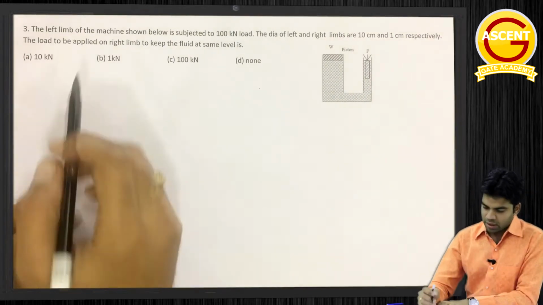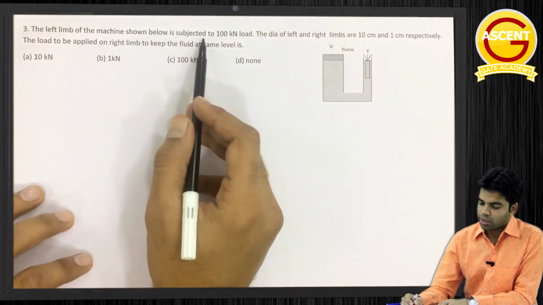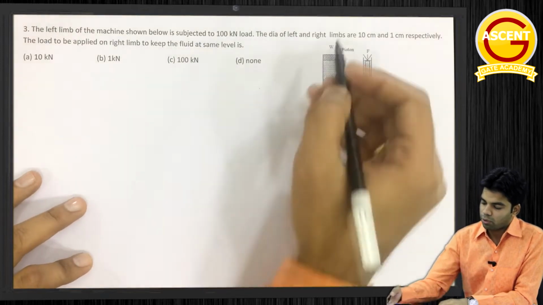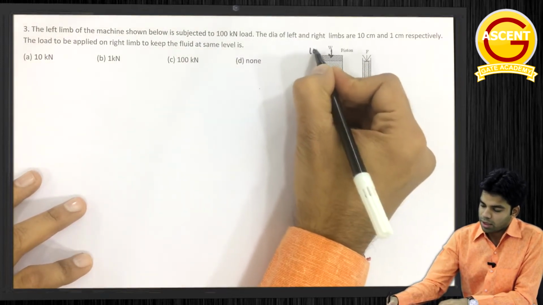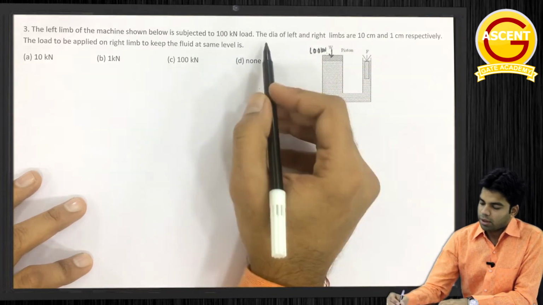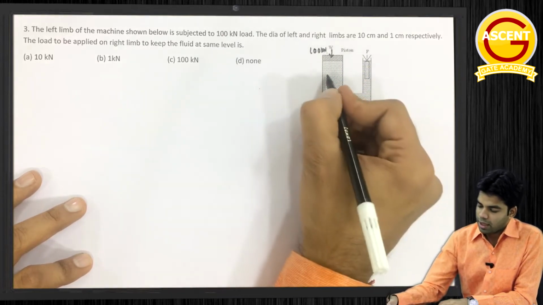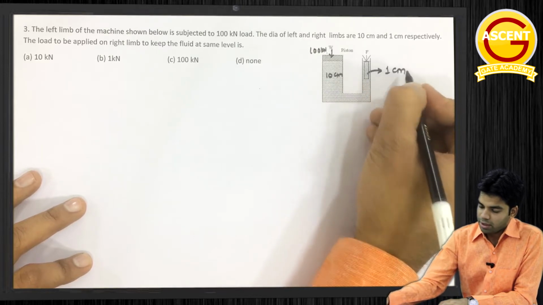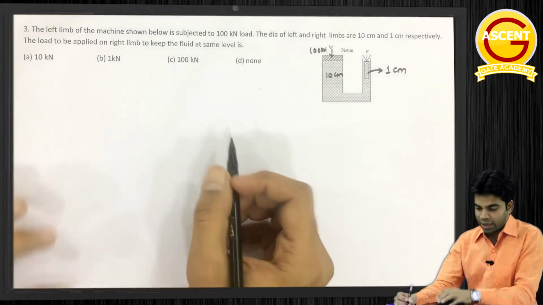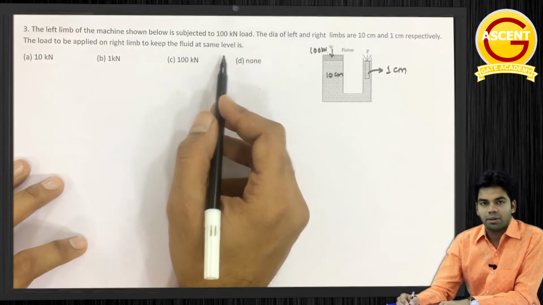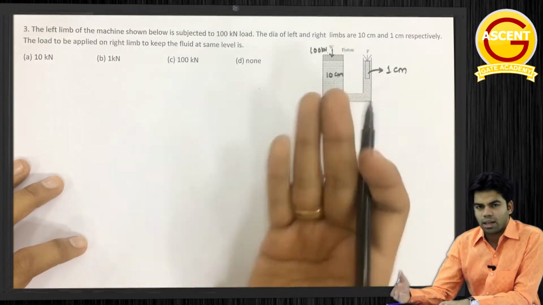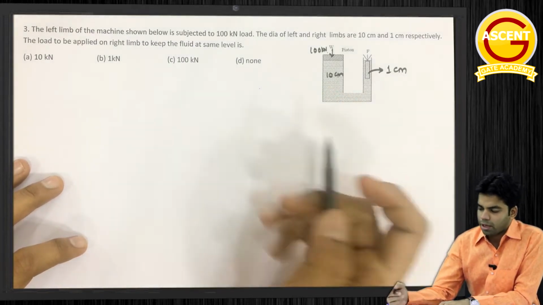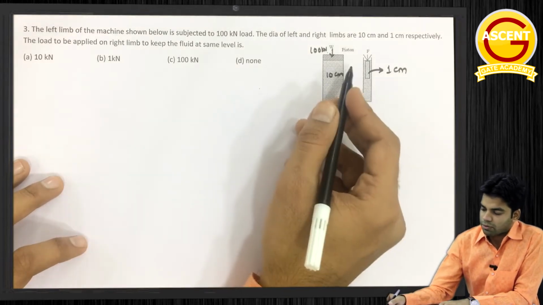Next question says, the left limb of the machine shown below is subjected to 100 kilonewton of load. This load is given as 100 kilonewton. The diameter of the left limb is 10 centimeter and diameter of right limb is 1 centimeter respectively. The load to be applied at the right limb to keep the fluid at the same level is. So, a similar question I have already told you during the theory part. Okay, so what we have to do is just equate the pressure.